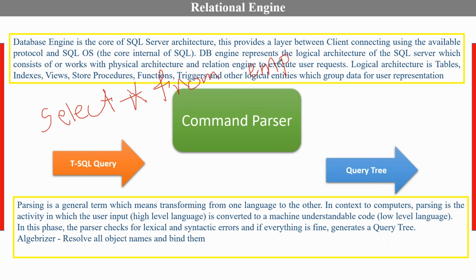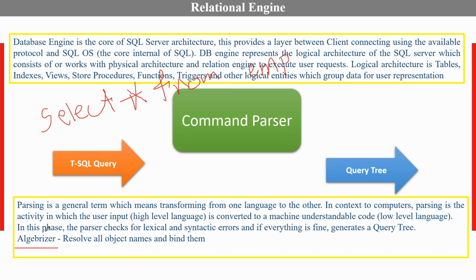Along with the syntax check, we also have one key component called the algebrizer. It will check whatever query you are processing, how many objects are available, it will verify all the objects and bind them.